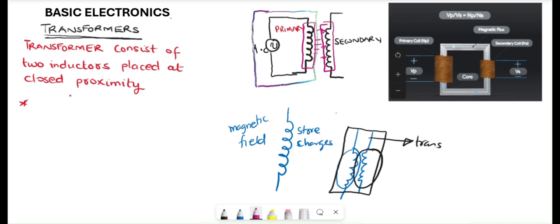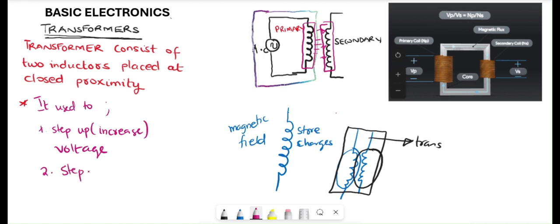Now, what do we use the transformer to do? It's used to do two basic things. One, step up. When we say step up, we mean that we are increasing. So it's used to step up or increase voltage, and two, it is used to step down. When we say step down, what we are trying to mean is what? Decrease.